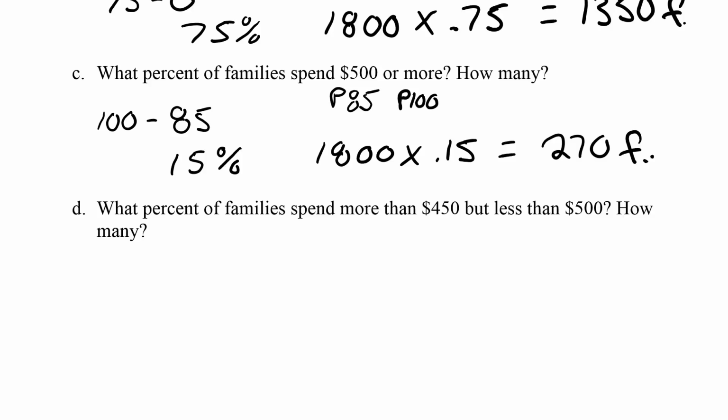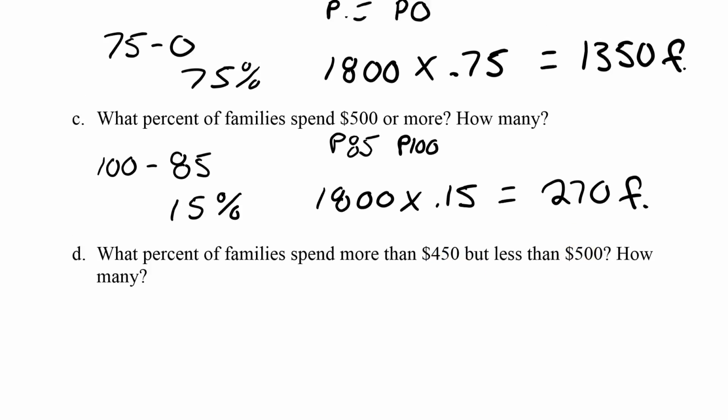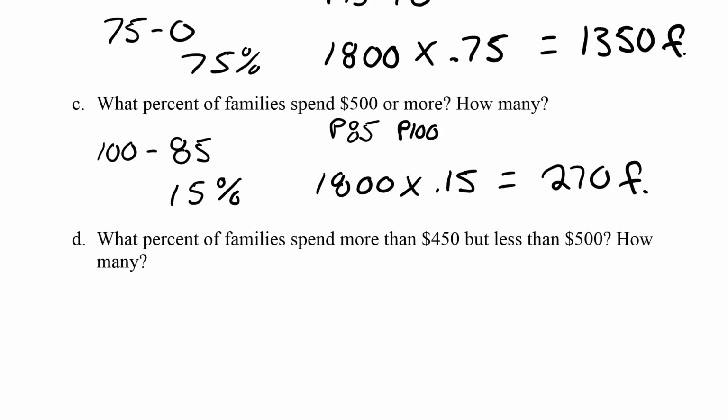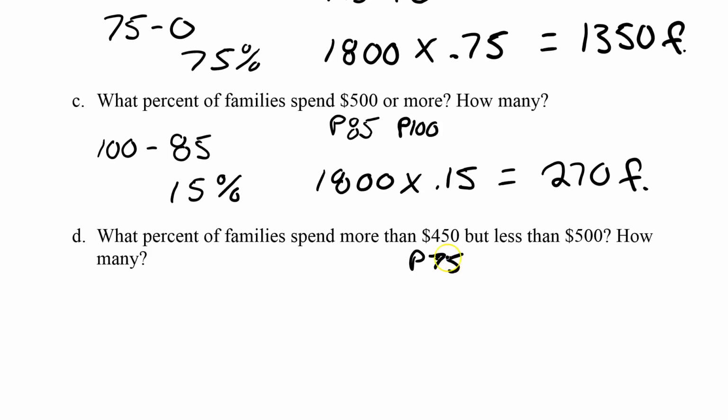Okay, now let's go to D. We're looking at spending more than $450, but less than $500. So we're in between $450 and $500. P-values. 450 is p of 75. 500 is p85.